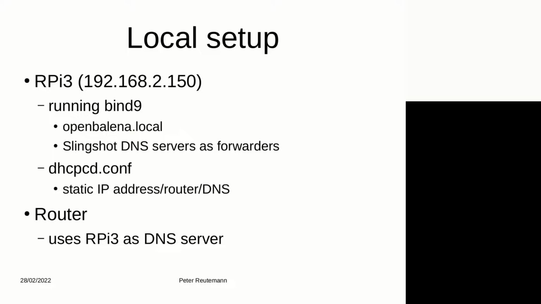And then on my actual router, I then also put in, please use that Raspberry Pi as a DNS server, which is a little bit roundabout way. So my router is handing out IP addresses, and then the Raspberry Pi has to be up and running before any internet then works at home at the moment.